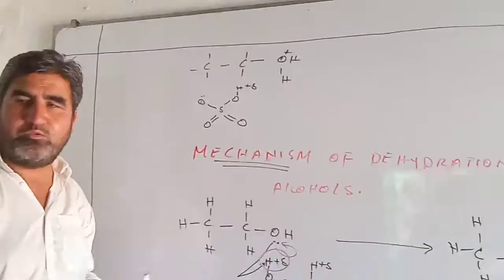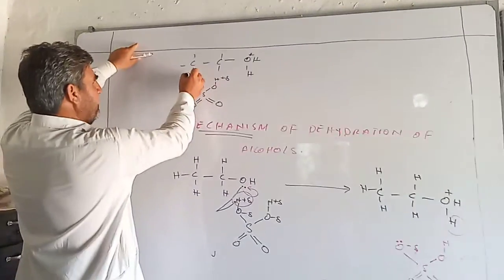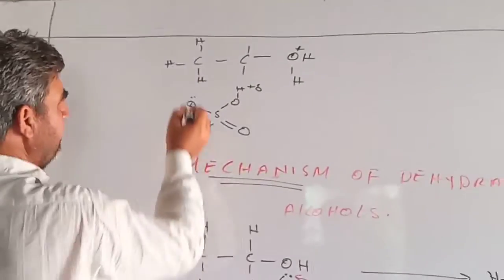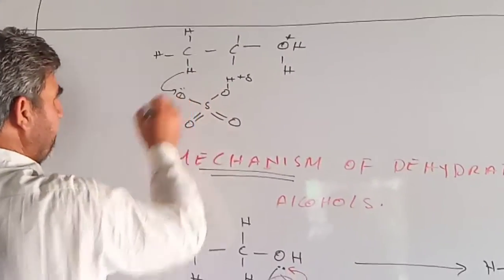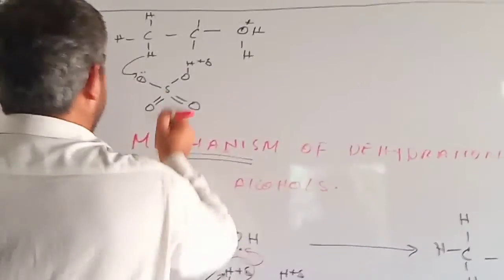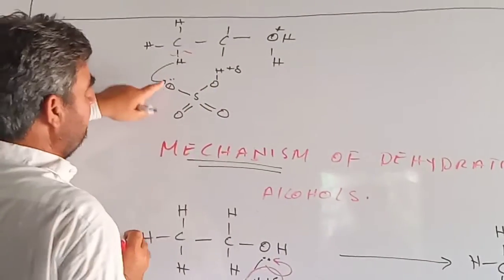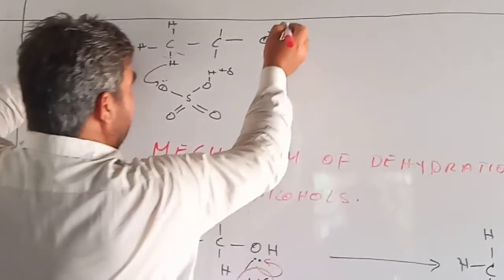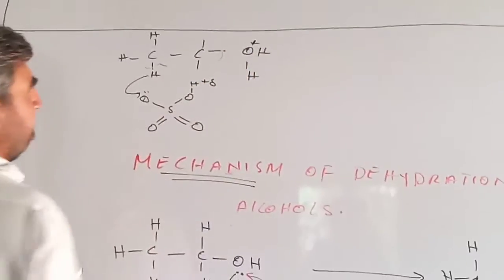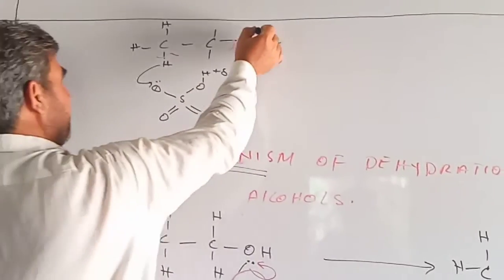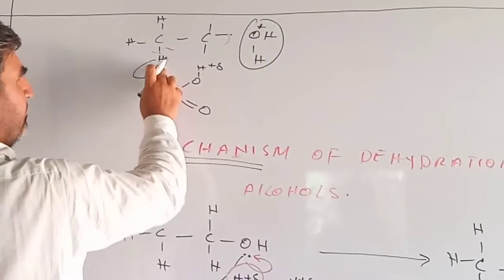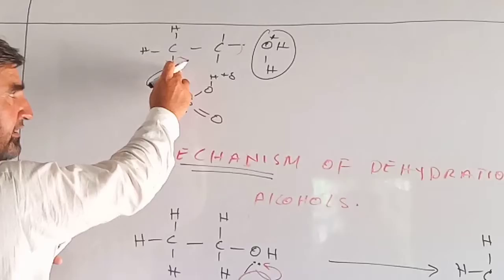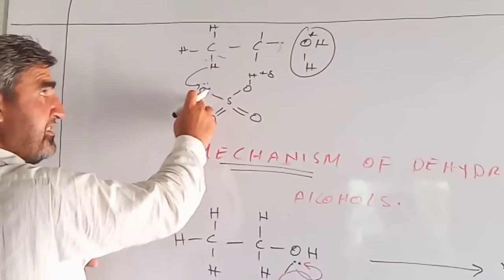There is no confusion regarding this topic. So again, this lone pair of electrons will act, and this hydrogen will be removed. And from this point, this hydrogen will be shifted toward oxygen.